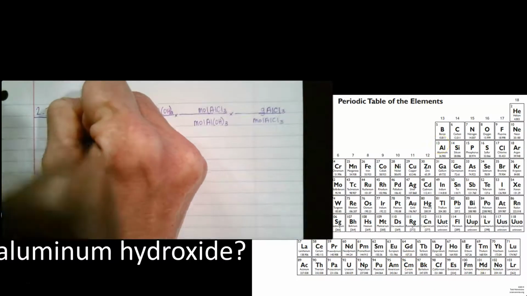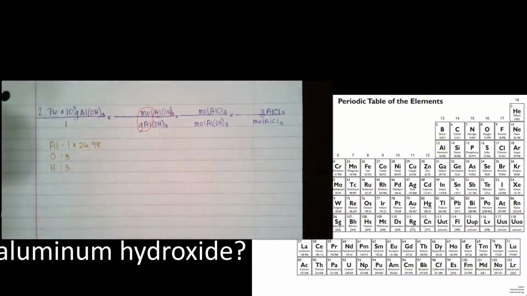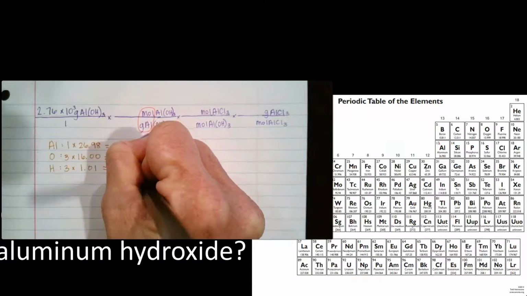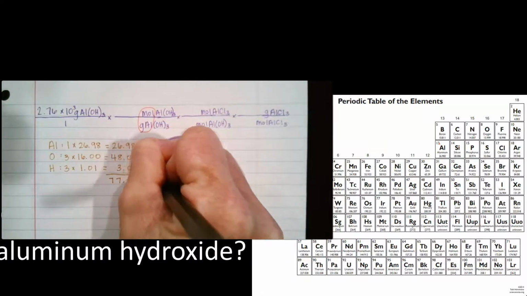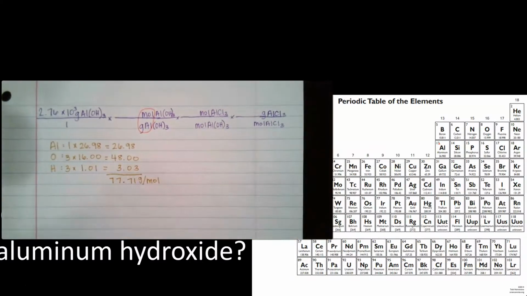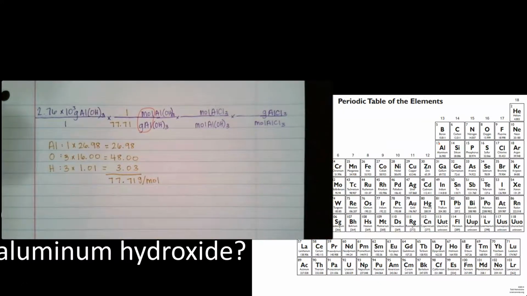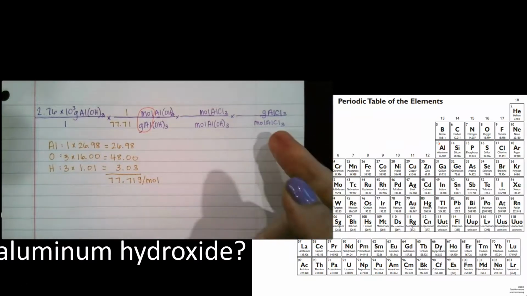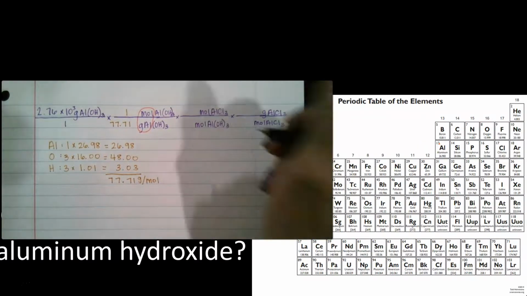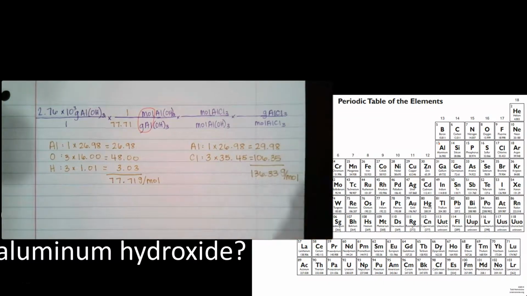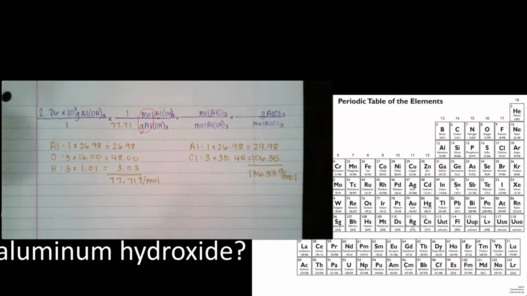Oxygen, 16.00. And hydrogen, of course, 1.01. 77.71 grams per mole, and that, of course, goes with the grams. Since we're already looking at the periodic table, we might as well find the molar mass for AlCl3. So Al and Cl, 136.33 grams per mole, so that, again, goes with the gram for 1 mole.